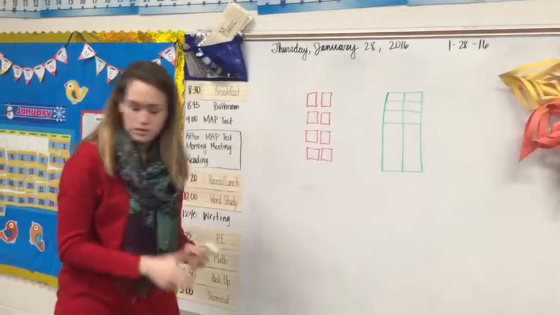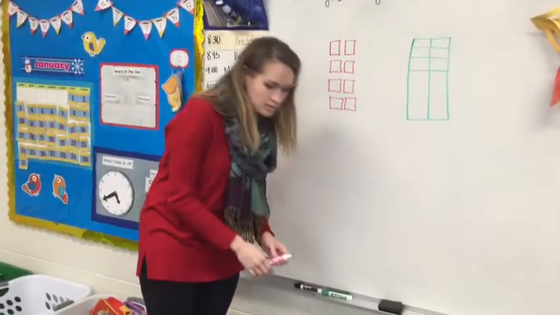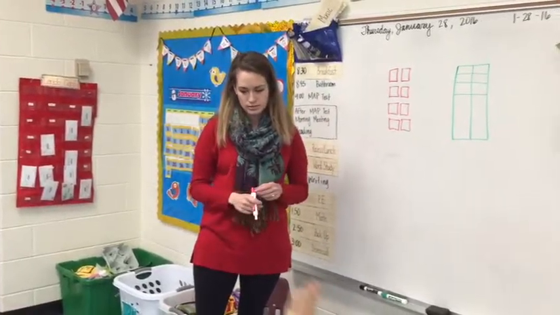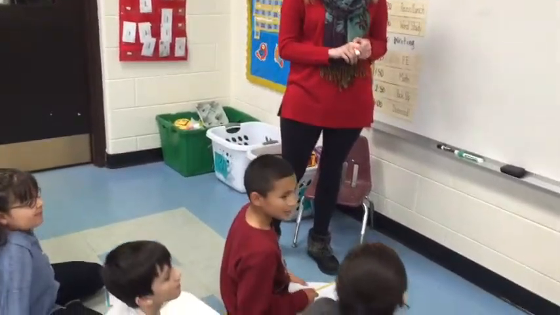Now that I put the examples up on the board, we're just going to talk together as a class and look for what these students did well, and then give them some advice on what they can do a little bit better.